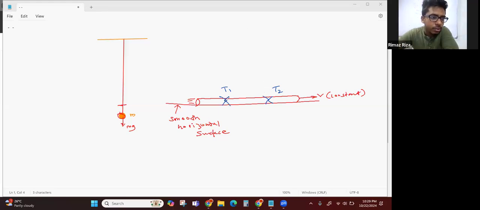Then if I'm considering only this part of the string, you can see this is the tension force acting on this part of the string by this part of the string. Here this one I have marked, that is the force acting on this part of the string by this part of the string. Do you understand?